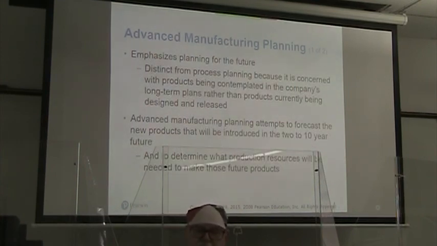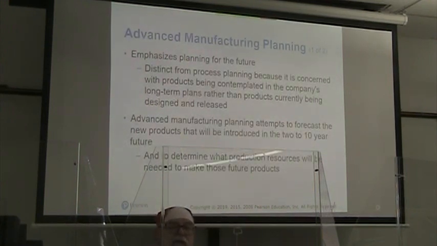So this is slightly different from our process planning, because we're thinking about what are we going to be making on a long-term basis, rather than what we're making now and how we're going to sell that.